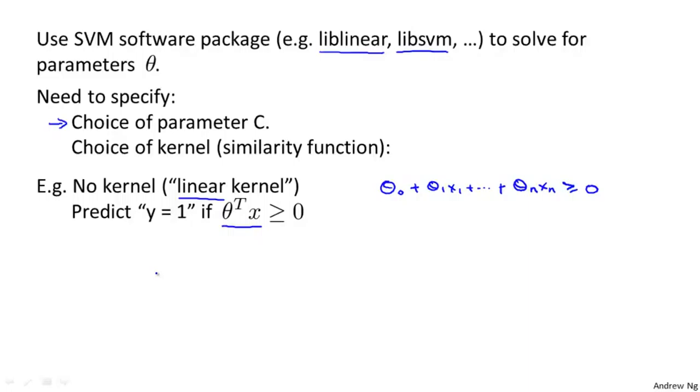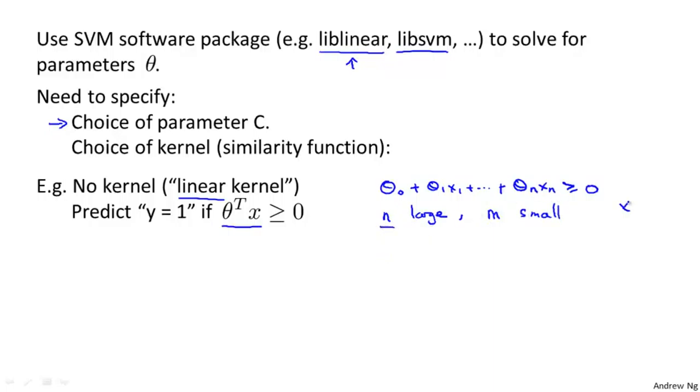So that would be one reasonable choice for some problems, and there are many software libraries, liblinear being one example out of many, that can train an SVM without using a kernel, also called a linear kernel. So when would you want to do this? Well, if you have a large number of features, if n is large, and m, the number of training examples, is small, then you have a huge number of features.